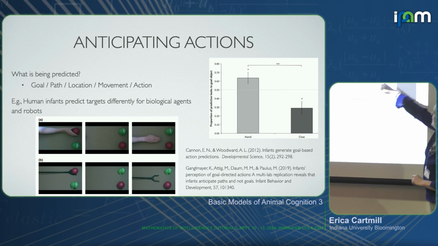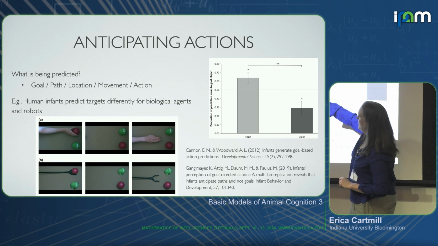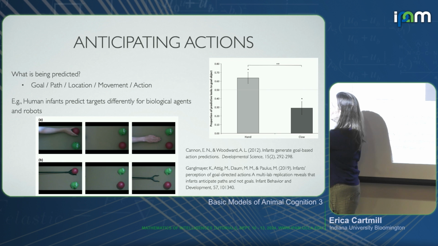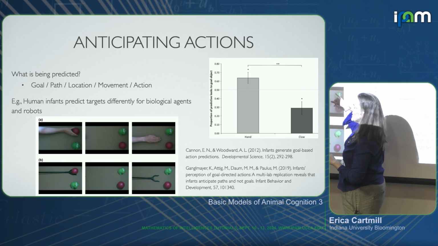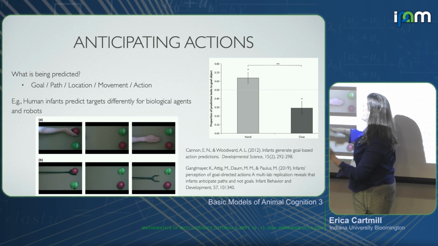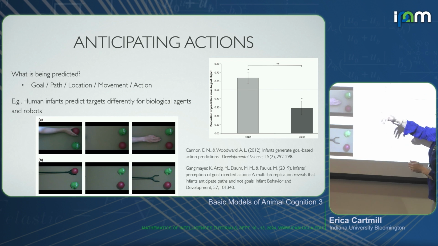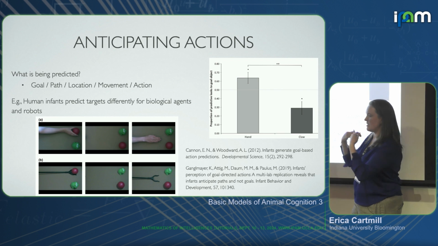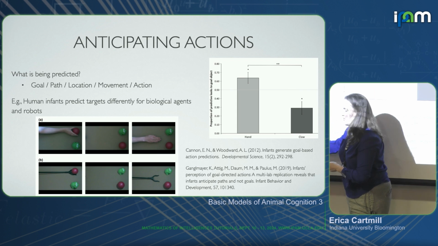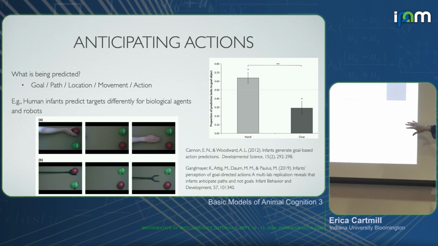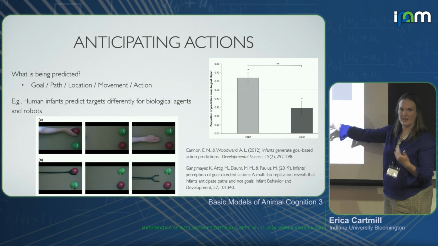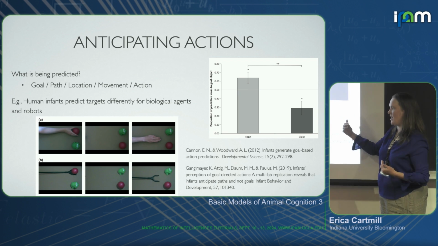They will integrate the individual's preferences. If you see a human's hand reaching for and consistently selecting one of two objects, infants before a year old will infer that the biological agent has a preference, but they won't make that same attribution for a robot arm, at least in 2012. So I do think it is very relevant. People are redoing these kinds of studies now, thinking about agentive behavior in robots.